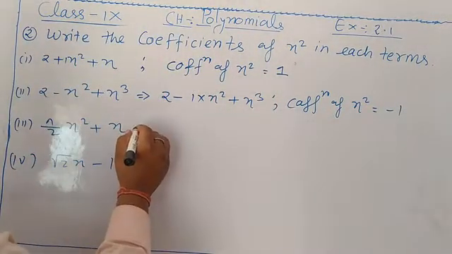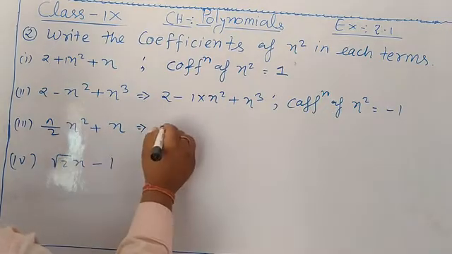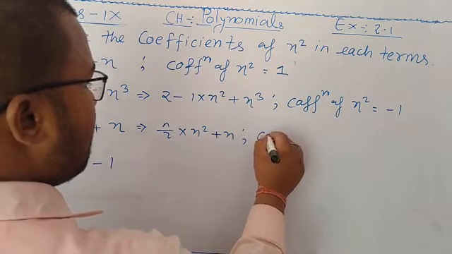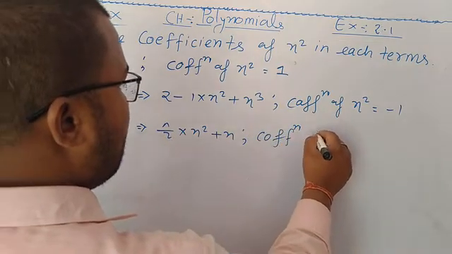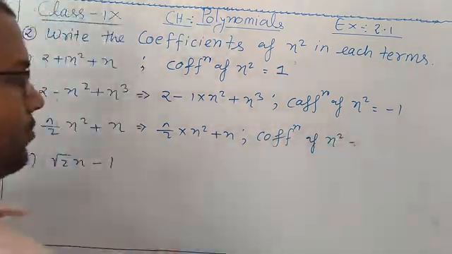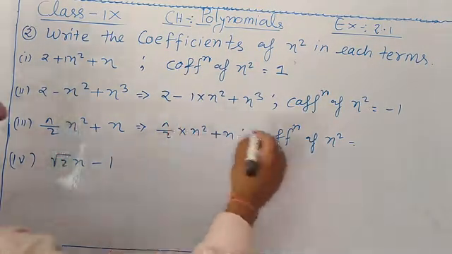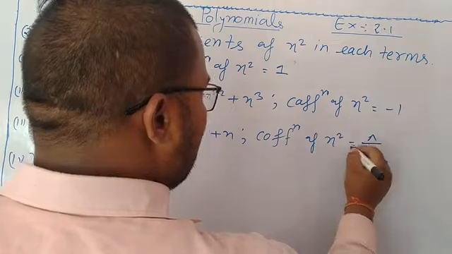Next question, pi by 2 into x square plus x. Define the coefficient of x square. The coefficient of x square is pi by 2.